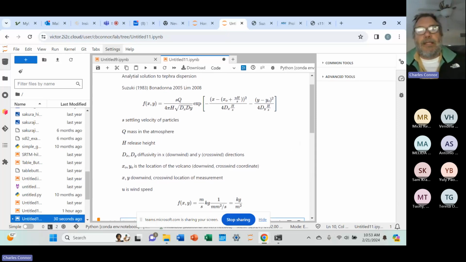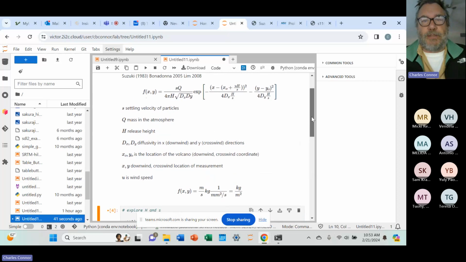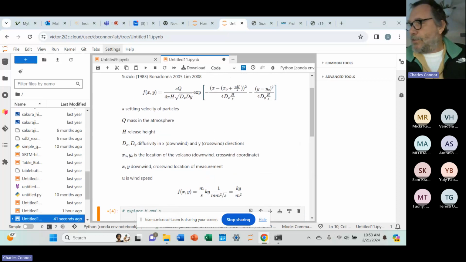Okay, so now we're in our usual spot where we can actually develop a function to implement this equation. So here's our analytical solution, and it's a simple fall model for reasons we'll get into, but I'm assuming a constant settling velocity in the atmosphere.